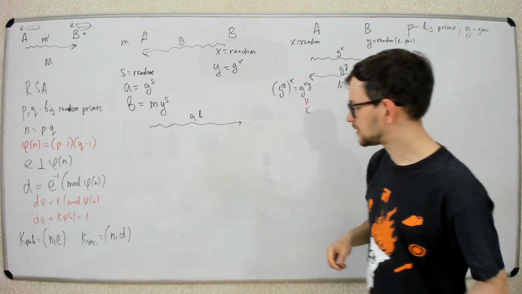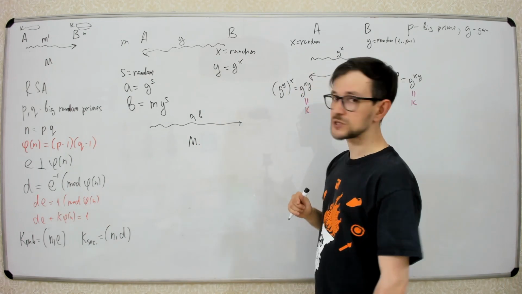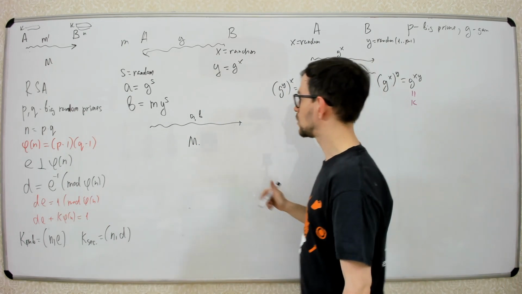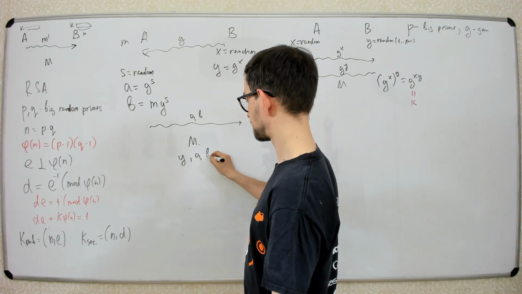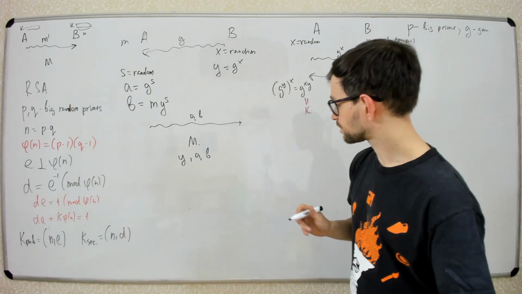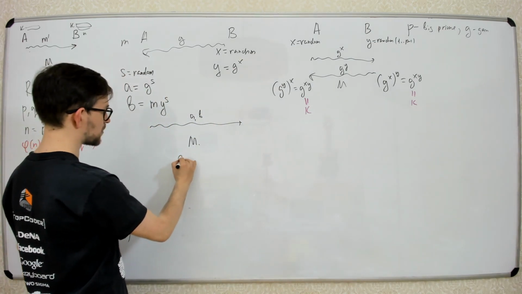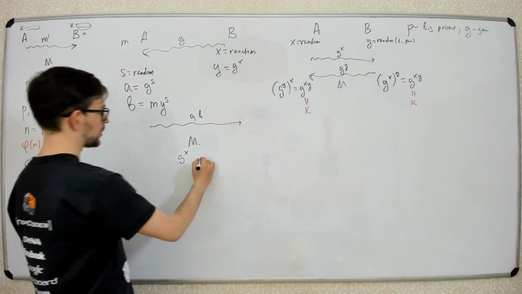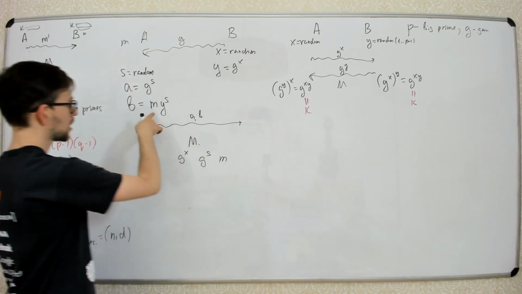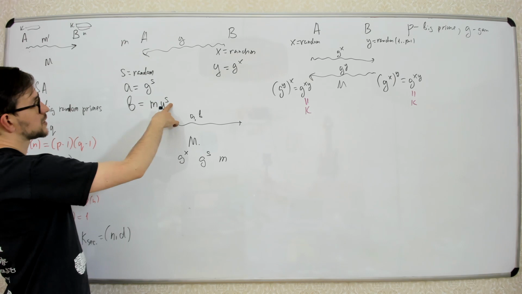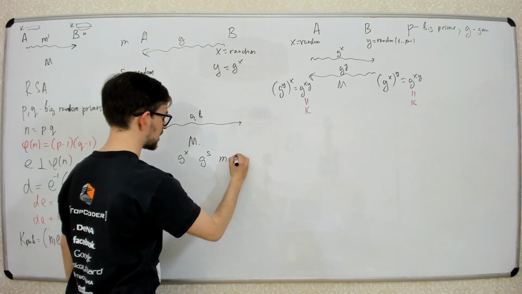So first, let's see if we are malicious. If we stand in the middle, what do we know? We know number Y, we know numbers A and B. Basically, we know G in power of X, we know G in power of S, and we know M multiplied by Y in power of S, which is G in power of X multiplied by S, so G in power of XS.